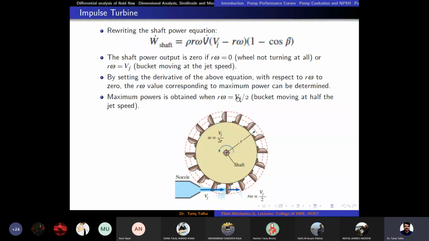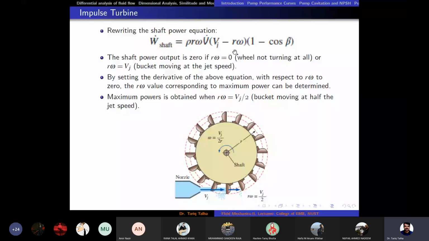And it was also mentioned in the video as well, that if the jet velocity is twice the tangential velocity of the bucket, then we would have the maximum efficiency in this case, right? So those are the cases.